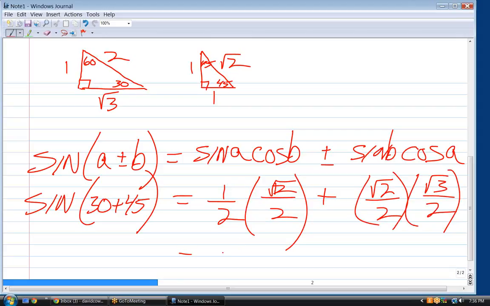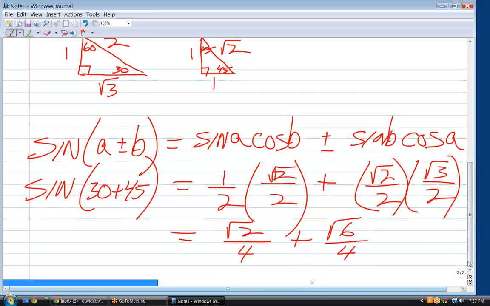So we end up with √2/4 plus √6/4. And there's your answer. 1/4 times √2 plus √6. So could we not make that √8/4, or would that not work? That doesn't work. √2 plus √6 is not √8.